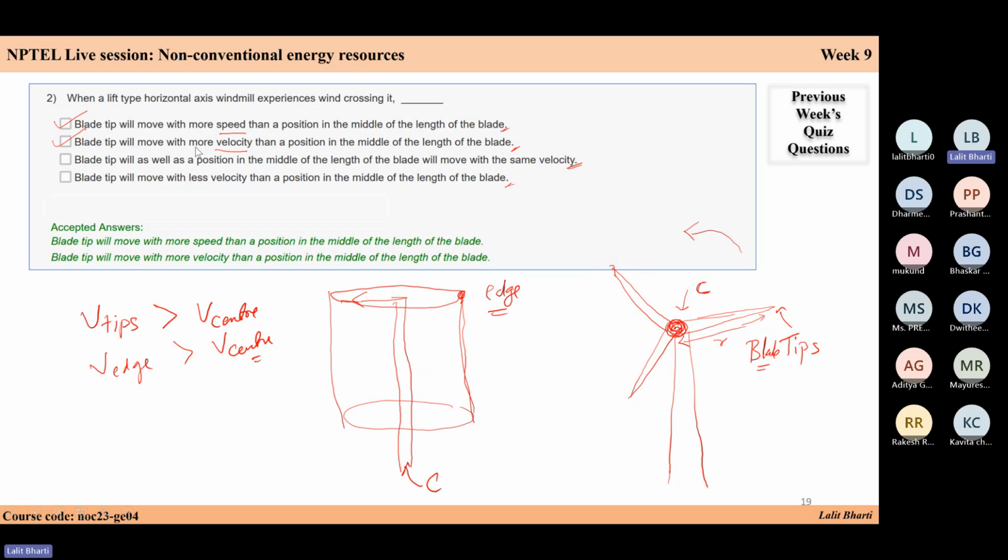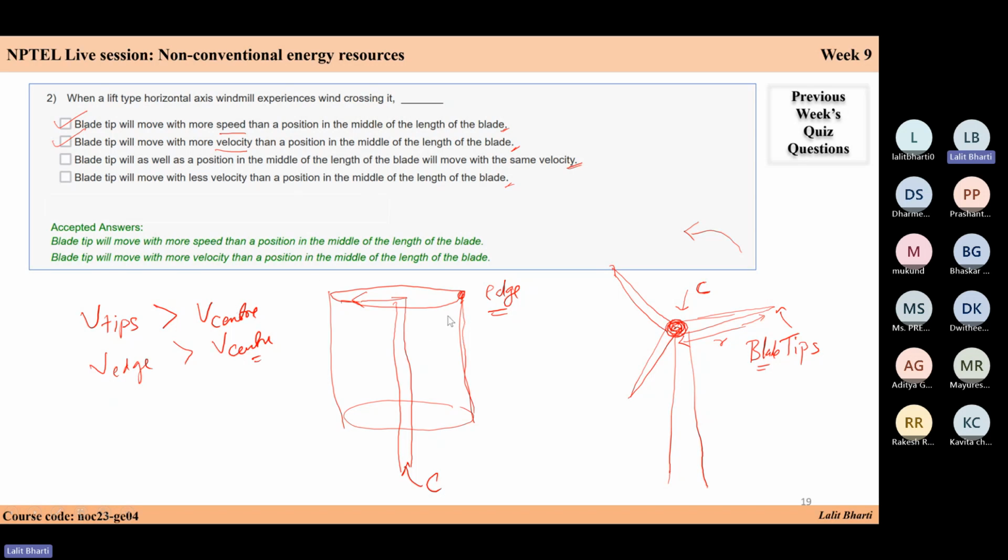The second option: the blade tip will move with more velocity than the position in the middle of the length of the blade. The third option: the blade tip as well as the position in the middle of the length of the blade will move with the same velocity. And the last: the blade tip will move with less velocity.